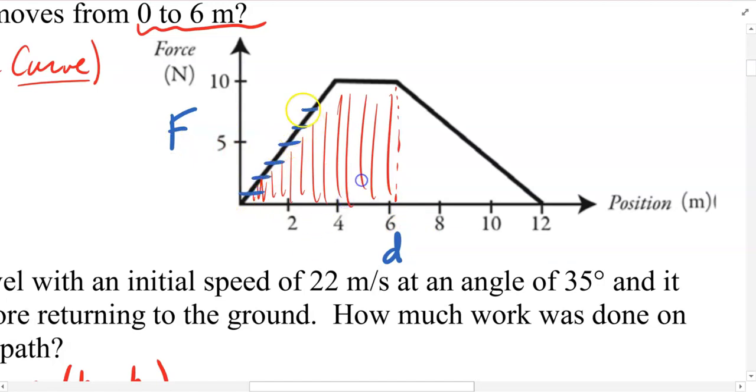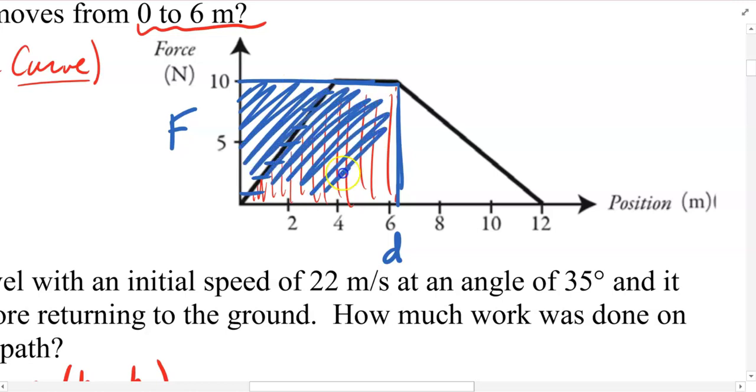You can see how force is increasing for a while, and then it finally remains constant. If it was perfectly flat this whole time, and we multiplied our force, which let's say was 10, times the distance that was traveled, let's say 6, well, that force times distance, another way to think of that, is the area represented by the rectangle whose height is 10 and the distance is 6.